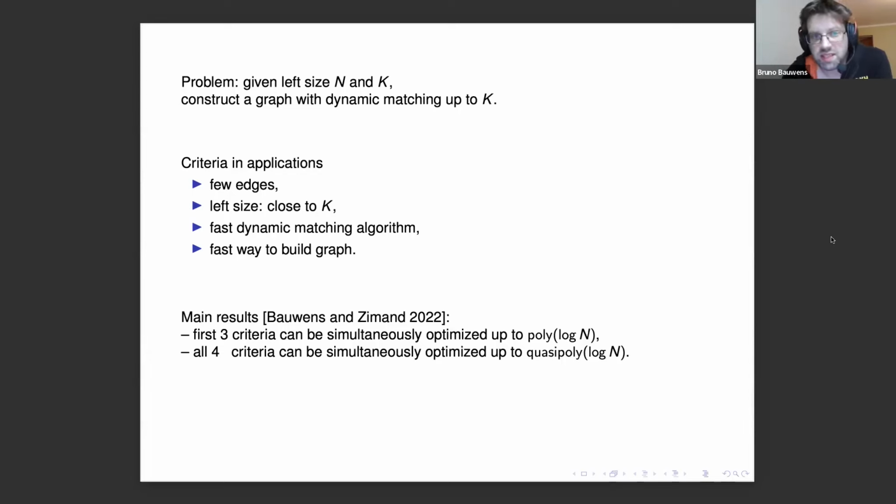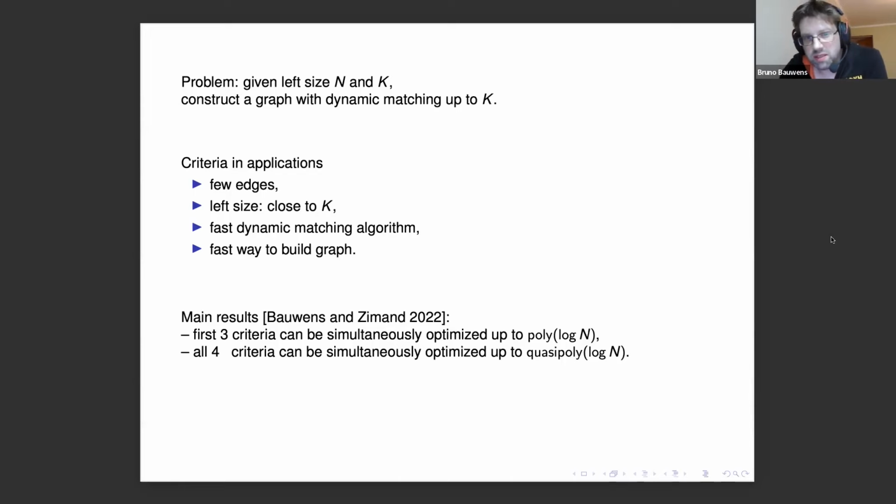Then for the left side, the trivial lower bound is k, and we can get k times polynomial in log n. And matching time is also polynomial in log n, where the trivial lower bound is 1. So all three are optimal simultaneously, up to polylog n.